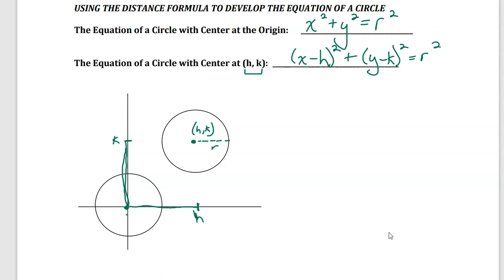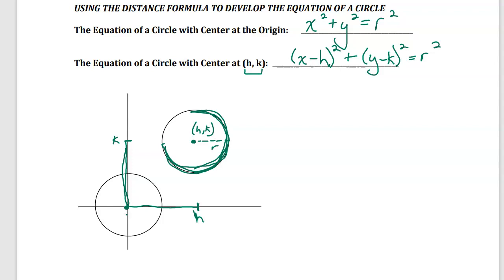So basically what we've done is we're still using the x squared plus y squared. The x squared is telling me that I have this shape right here. The y squared is telling me that I have this type of shape here. So having both of those shapes makes it a circle.